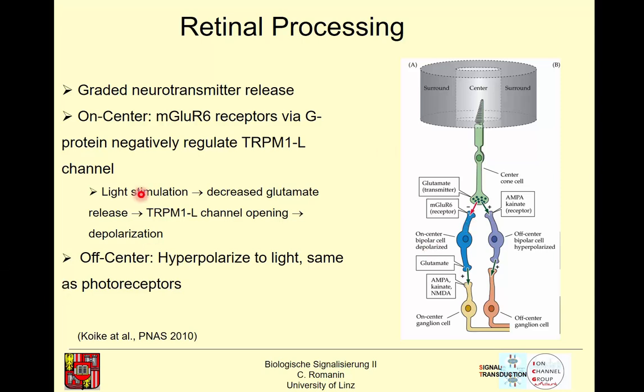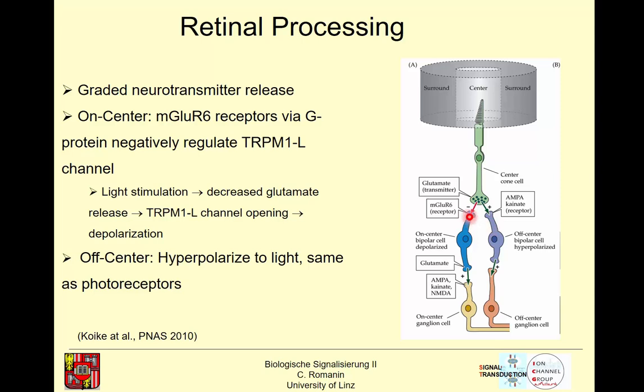But when light now shines on it, we have a stop of glutamate release, so there is no released or a decreased glutamate concentration. The negative regulation via the G protein of this channel stops. In turn, because the negative regulation of the G protein is missing now, this TRP channel opens.